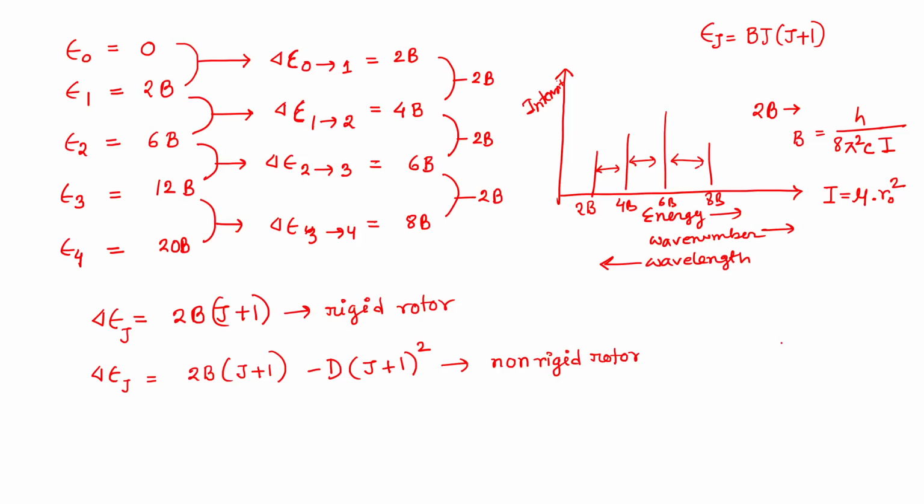Your rotational constant is going to change, and you will see that this is your delta Ej when it is a rigid rotor, and for J equals 0 your energy comes like this. Now when you have an additional term like D into (J plus 1) squared, you will see that your rotational lines will come down a little.